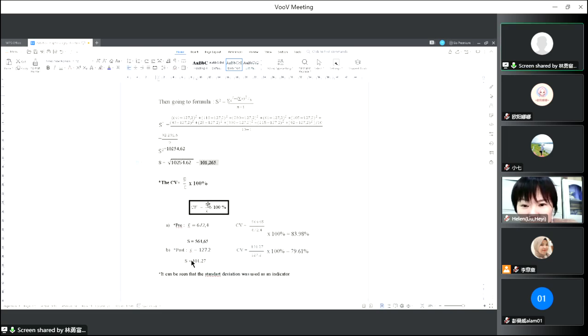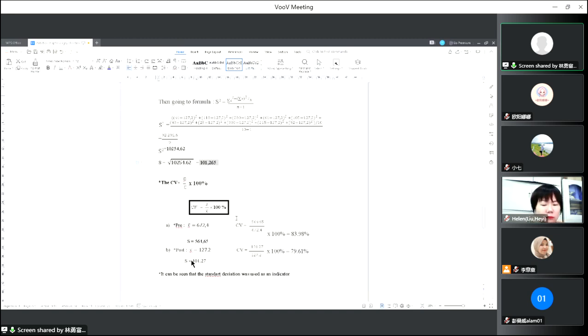The formula that we always have to remember is S divided by X, multiplied by 100%. Now we know the mean is 672.4 and the standard deviation is 564.65.